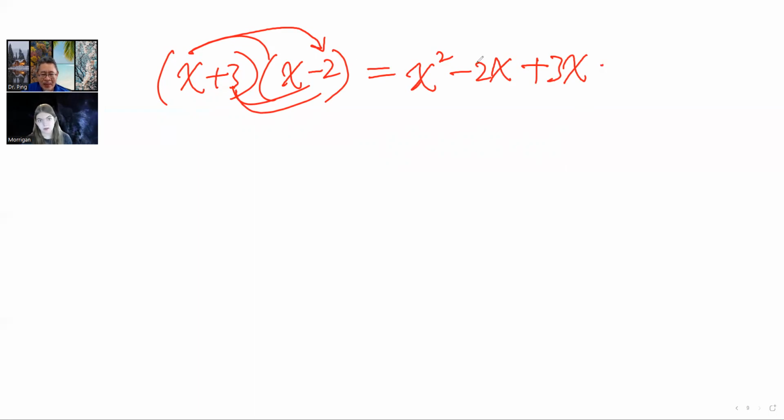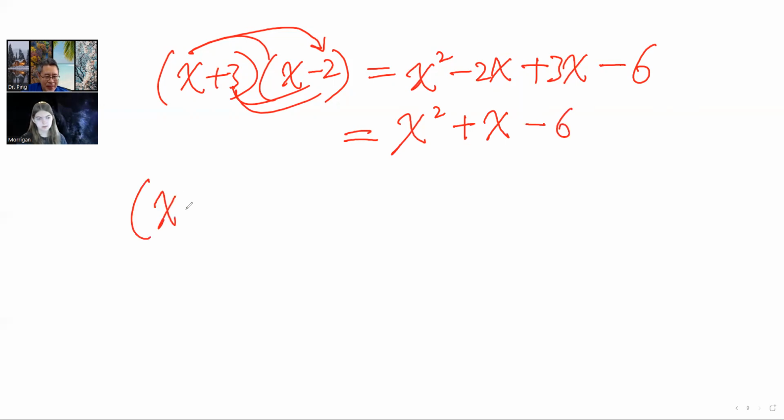Oh, so it's not negative 2 times 3. It's minus 6, because 3 times negative 2. Okay, so now negative 2x plus 3x, that's x, right? Yep. And minus 6. Very good. Let's go x minus 4 and x minus 3.